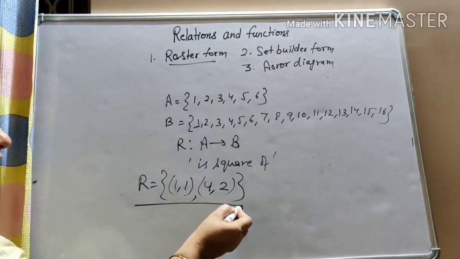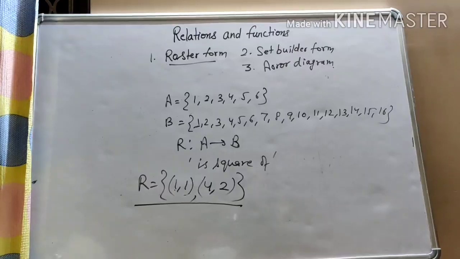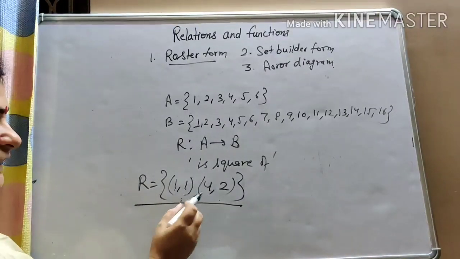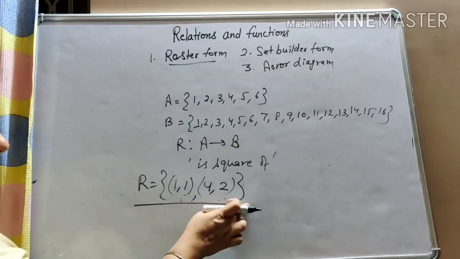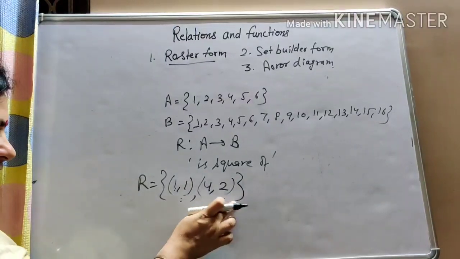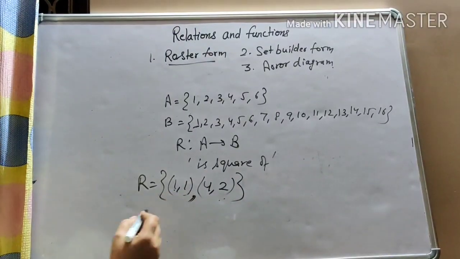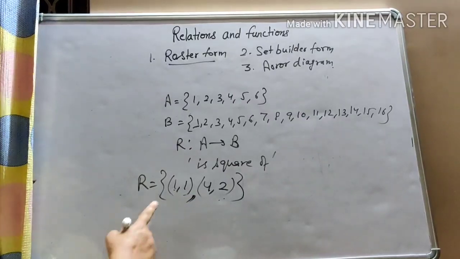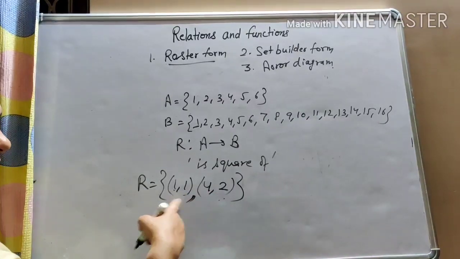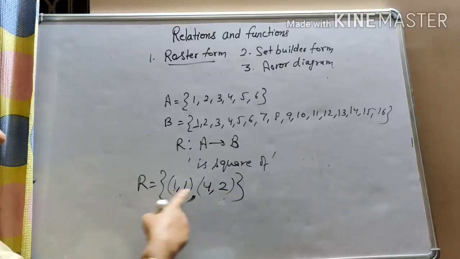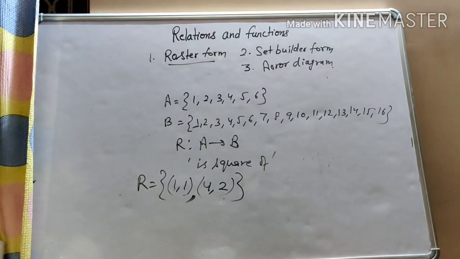Now this is the roster form. Here in this roster form we write elements separately. It means we are writing in the form of ordered pairs. Only we have two ordered pairs in this relation, 1 comma 1 and 4 comma 2.